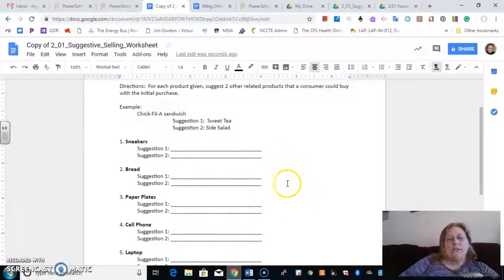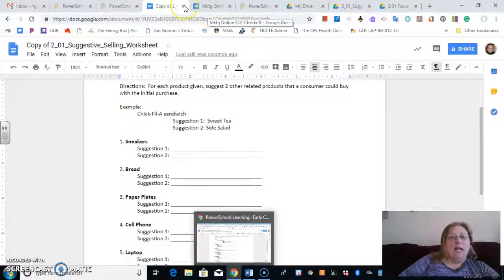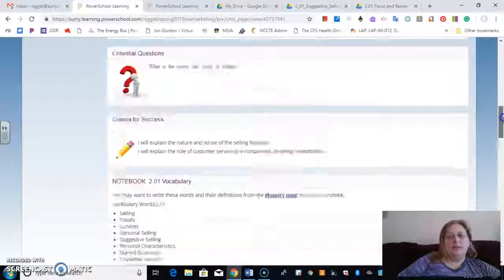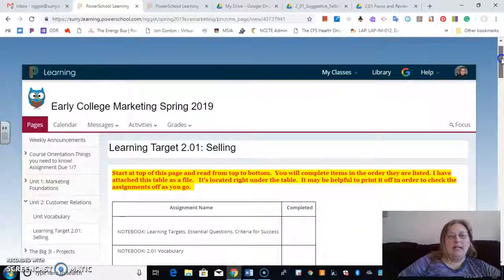What are 2 suggestions? Bread, cell phones, laptops. So you will fill that out, and then you will hand that in, and then you have your 2.01 foundational selling practice quiz.